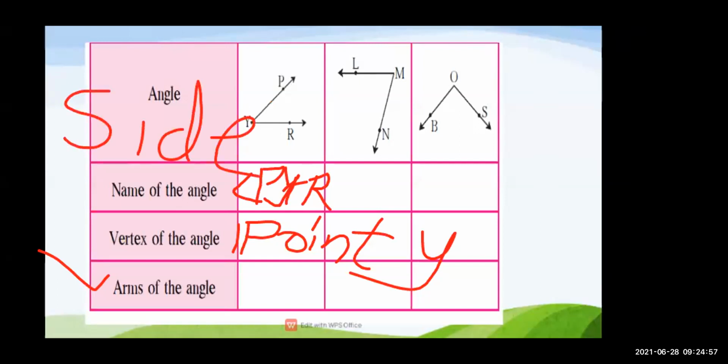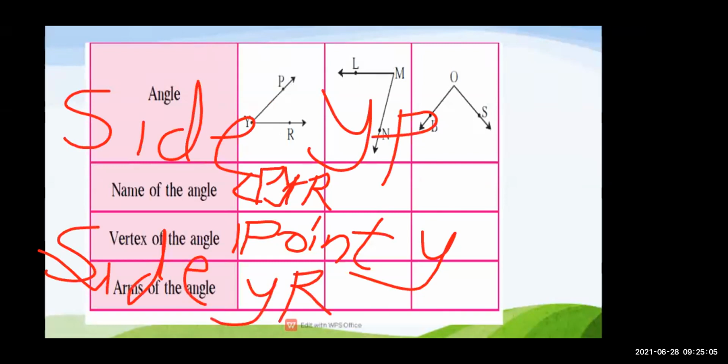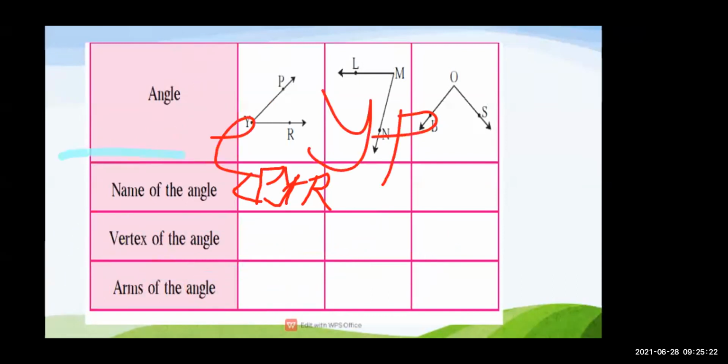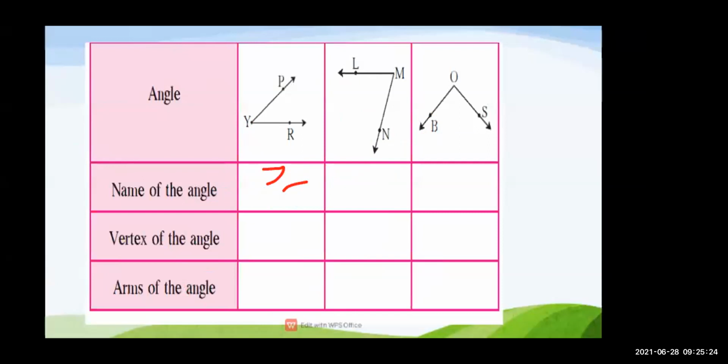That is side YP and side YR. In this way, you are going to identify all the names of the angle, the vertex of the angle, and the arms of the angle.